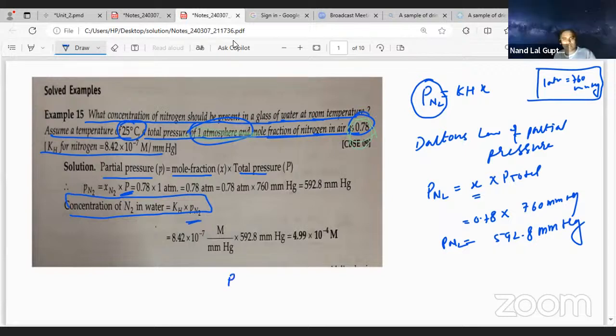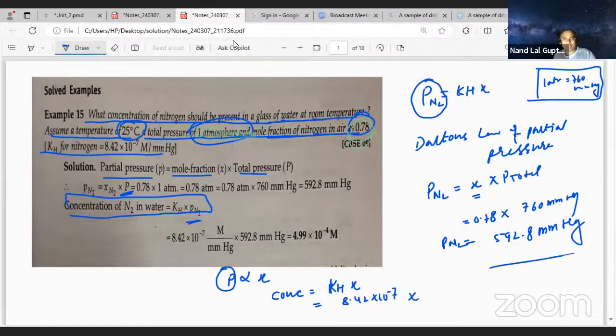P is proportional to X, na. So this will be in terms of concentration. Partial pressure is regarded as concentration, because both terms are similar. So concentration is equal to KH into X. The KH value they have given is 8.42 into 10 power minus 7.